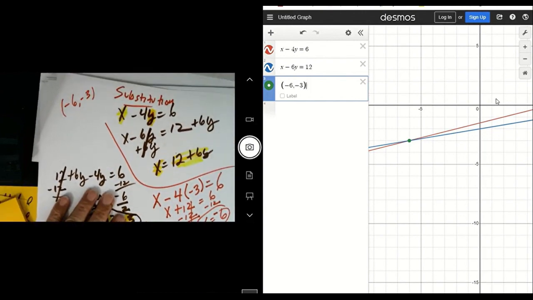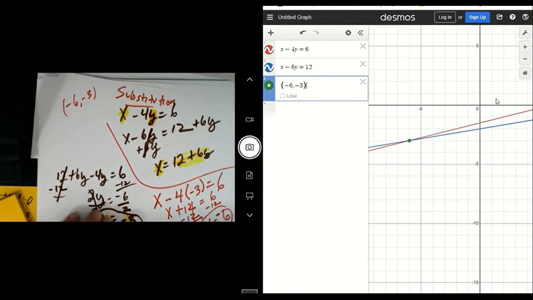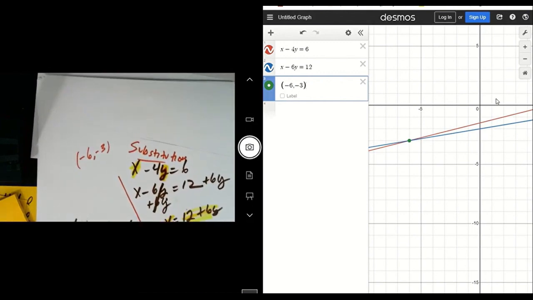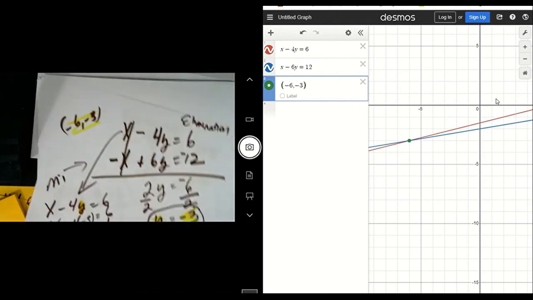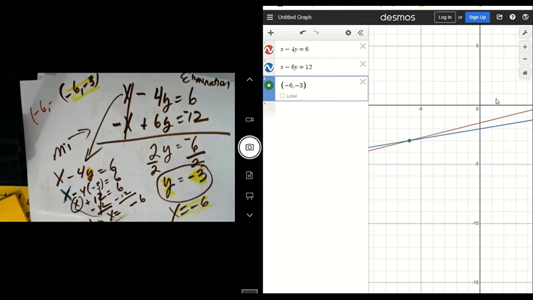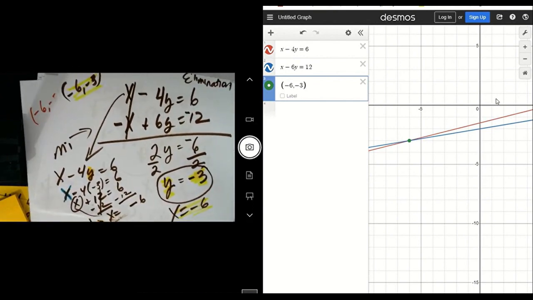Here's substitution. We came up with negative 6, negative 3. All right. Here was elimination. We came up with what? Negative 6, negative 3. And then right over here, see that? I put that negative 6, negative 3 in, and there it is right there where the points intersect.